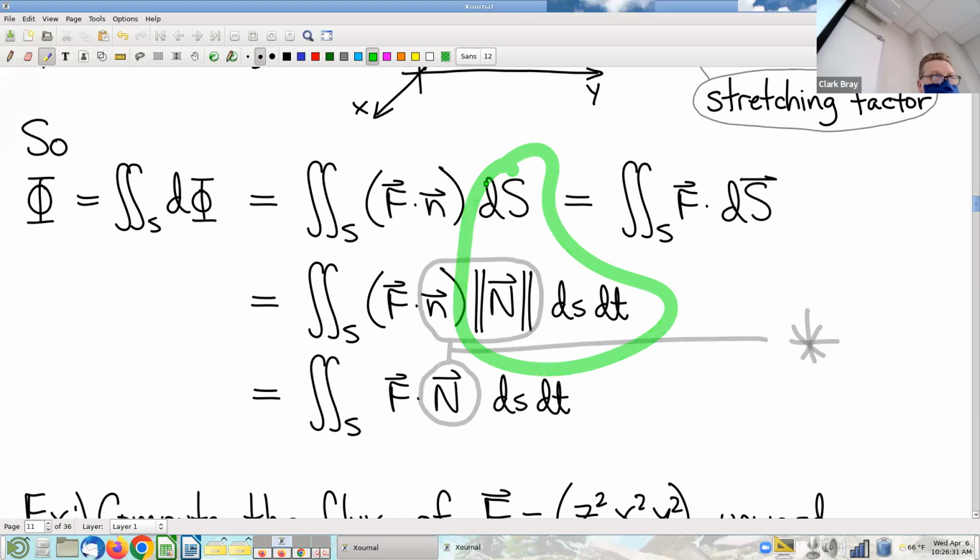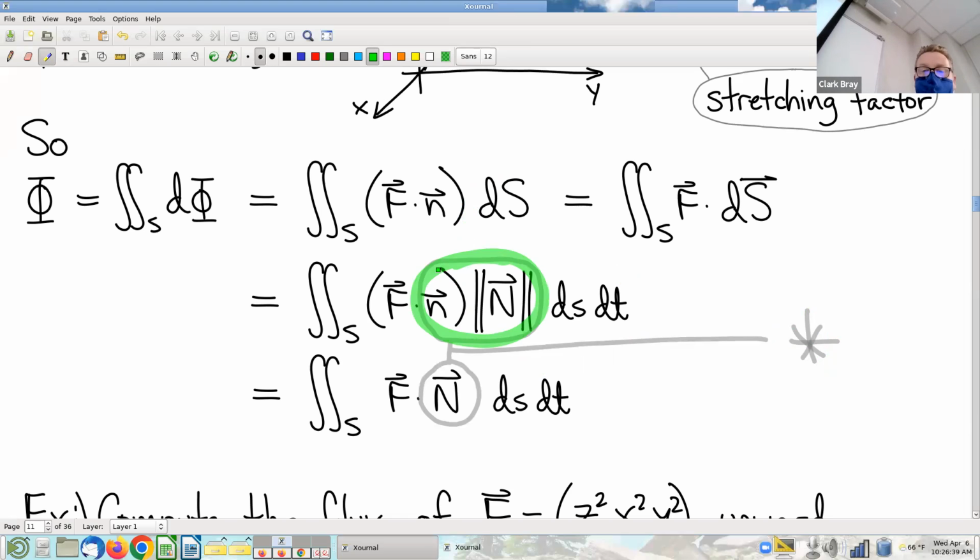We made this substitution. I look now at this product. And notice I've got the unit normal vector. So that's a vector pointing in the direction of the normal. And then I'm multiplying it by the magnitude of my parameterized normal. And so, after all, this is a vector that's got the same magnitude as capital N, pointing in the same direction as capital N. This vector looks like a duck and quacks like a duck.